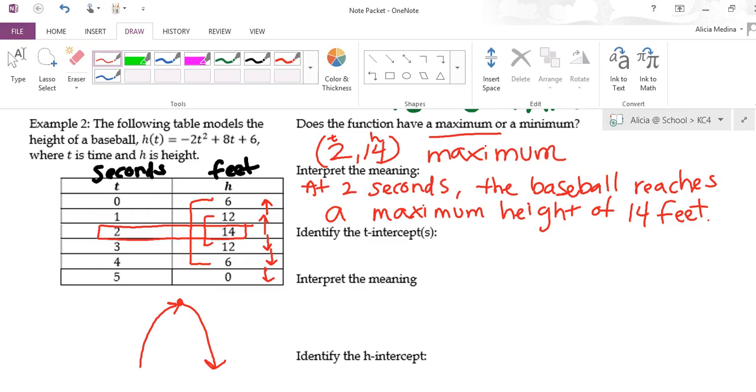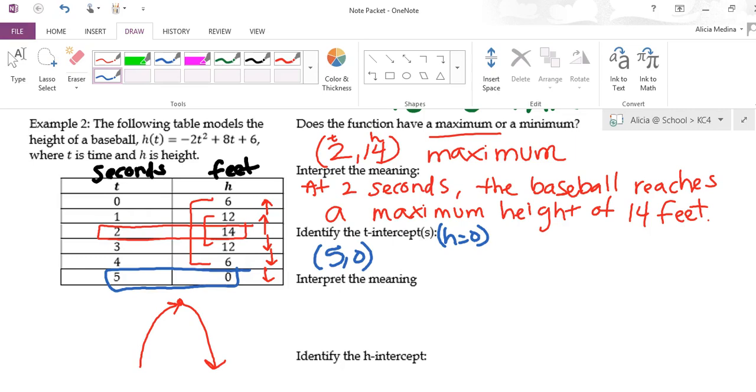Identify the t-intercept. So remember, the t-intercept is whenever the opposite letter is a 0. So if I'm looking for the t-intercept, this is whenever h is equal to 0. All right, where does h equal 0? Right here at 5, 0. So this is going to be 5, 0. If we're thinking about starting and ending, if there's only one point, it's the stopping point.